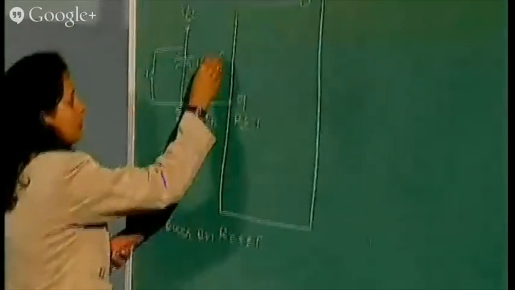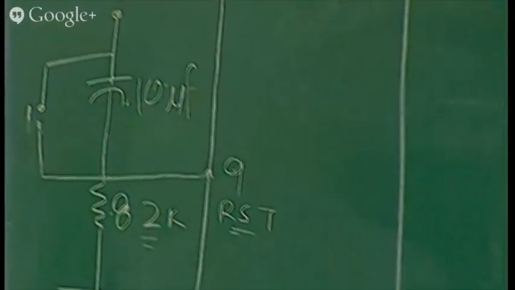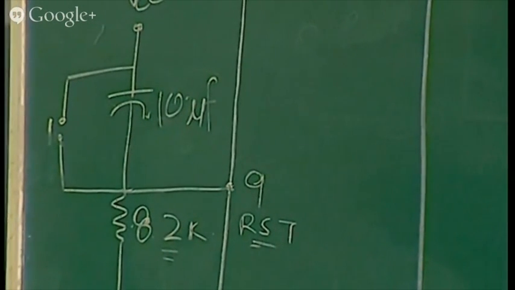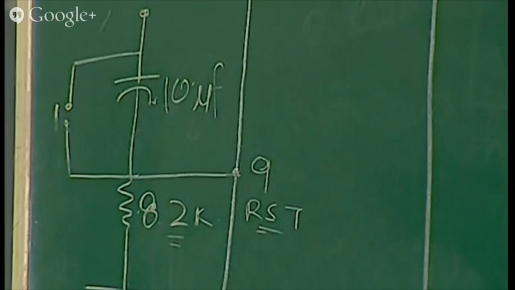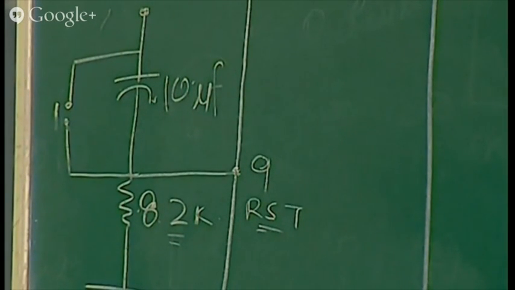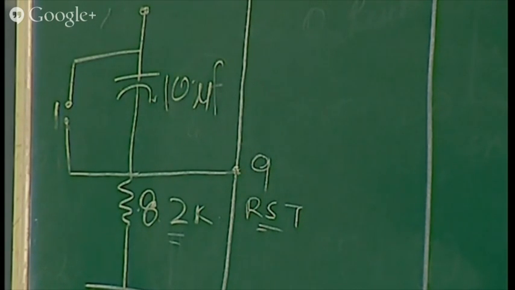You need a 10 microfarad capacitor, then an 8.2K current limiting resistor, and one debounce switch. Then pin number 18 and 19. As you can see, we connected one 11.0592 megahertz crystal and two 33 picofarad or 30 or 22 picofarad capacitors.